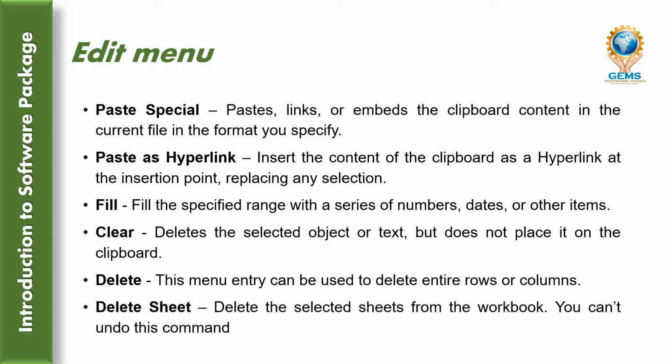And the Delete option deletes the menu entry that can be used to delete an entire row or column. And Delete Sheet deletes the selected sheet from the workbook, so you can't undo this command once the sheet is deleted.